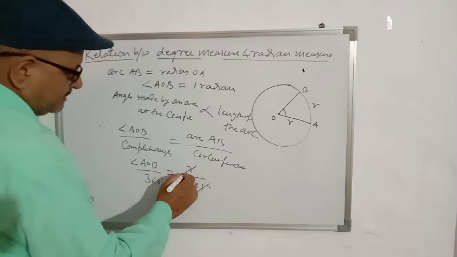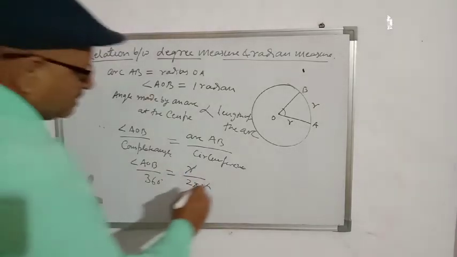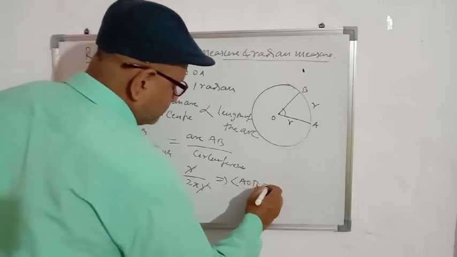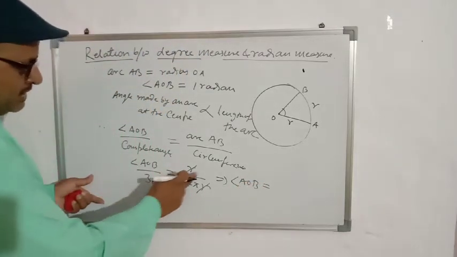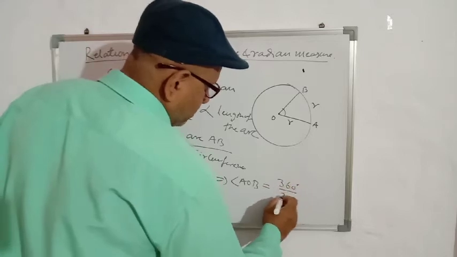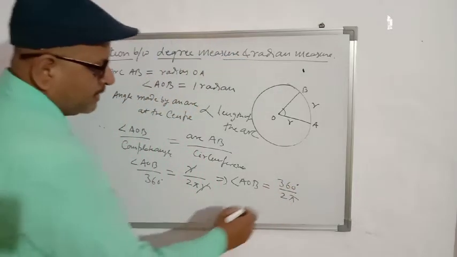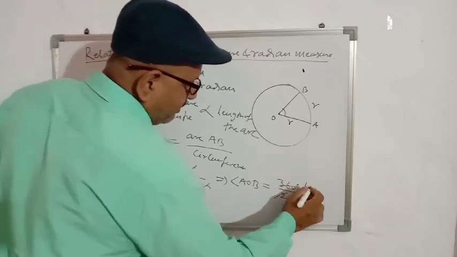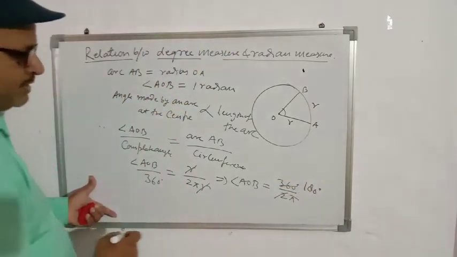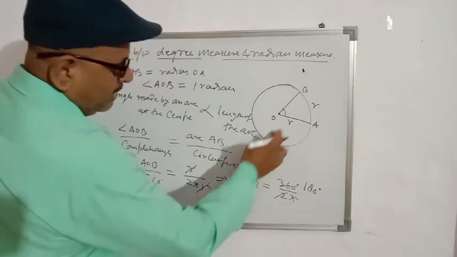R cancel with r. So what will be angle AOB? It will be 360 upon 2 pi. We can cancel it, 180 degree upon pi. What is angle AOB?